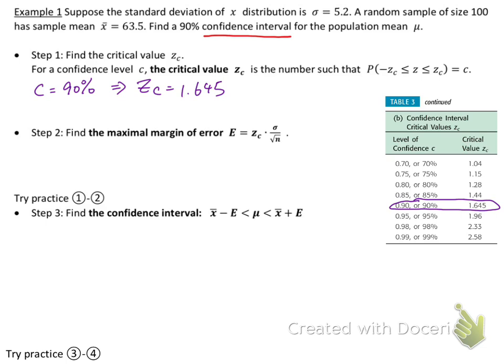Then the second step, you are going to compute the maximal margin of error E. E equals ZC times sigma over square root of n. You need to add this little multiplication when you are putting it in your calculator.